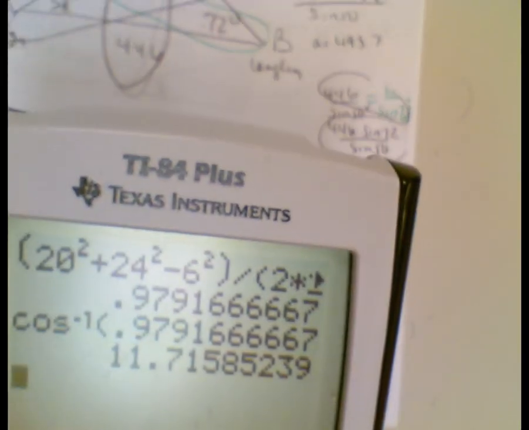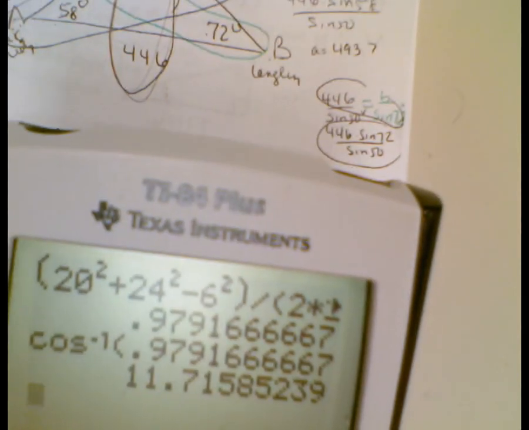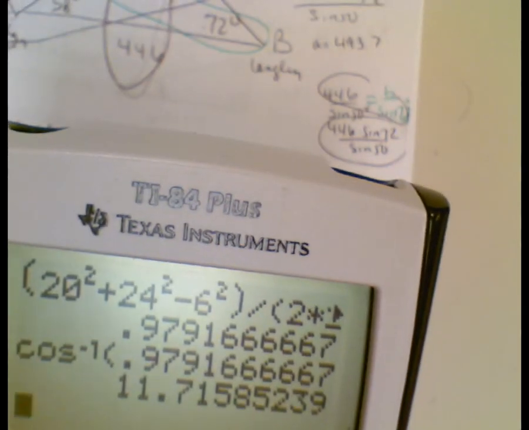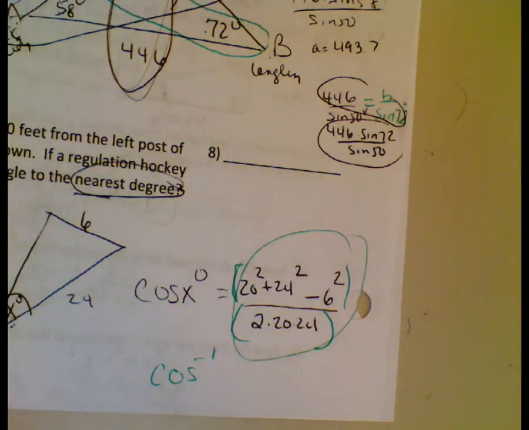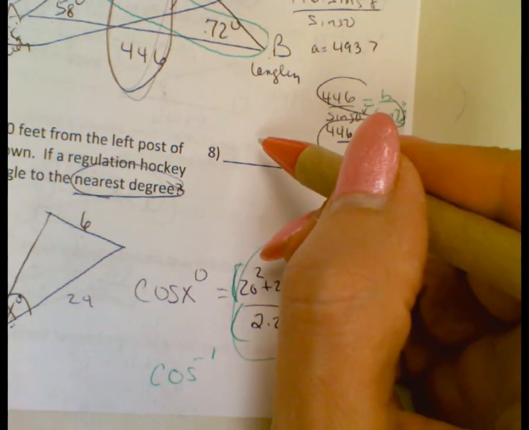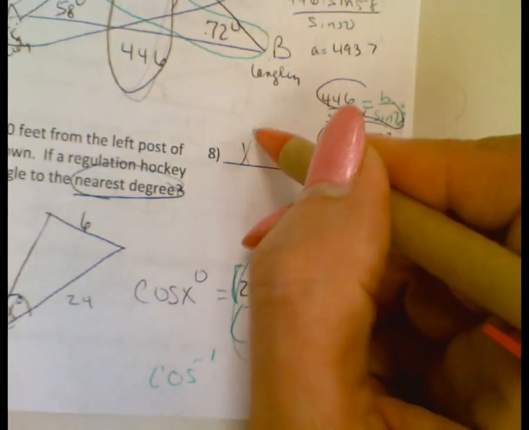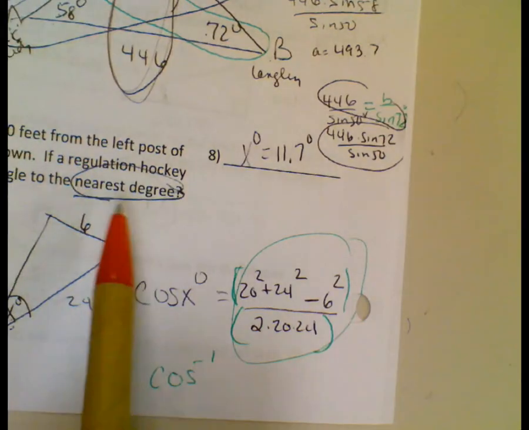If you know anything about hockey or lacrosse or field hockey or soccer, the angle that you shoot at the goal is going to make your shot a little bit easier to make. So I think 11.7 isn't too bad. Angle X is 11.7. Oh, you remember how I said to the nearest degree?